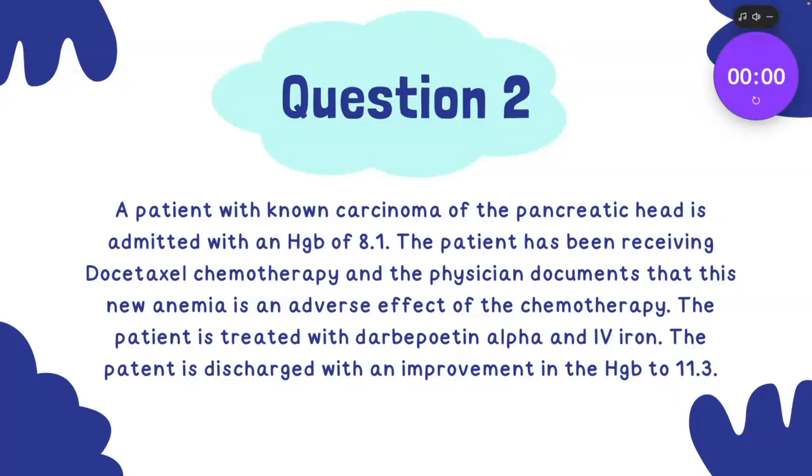I'm paraphrasing based on the words in the scenario: when the admission is for management of anemia associated with the adverse effect of the administration of chemo, and the treatment is for the anemia, the anemia code goes first, followed by a code for the adverse effect.